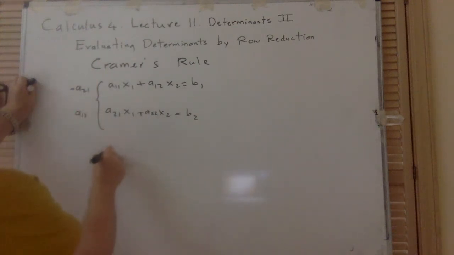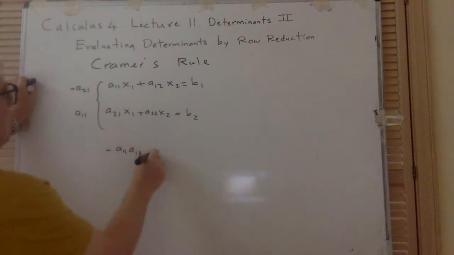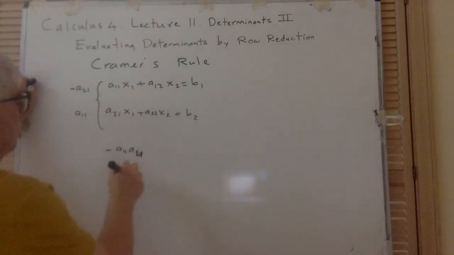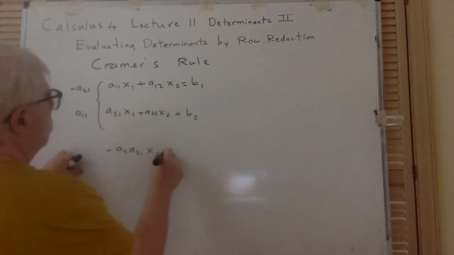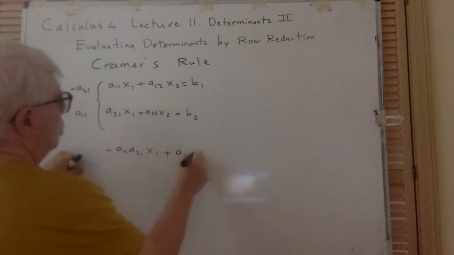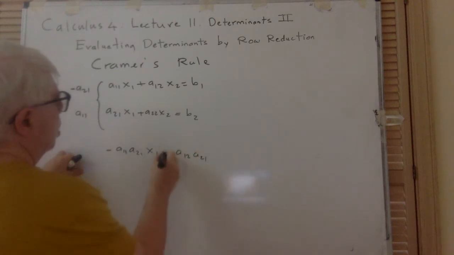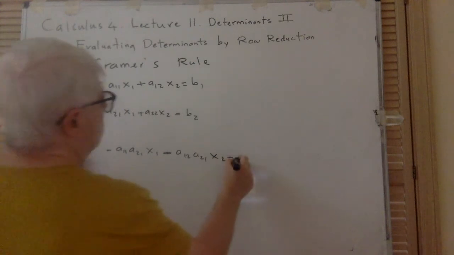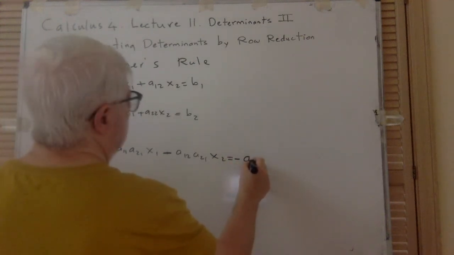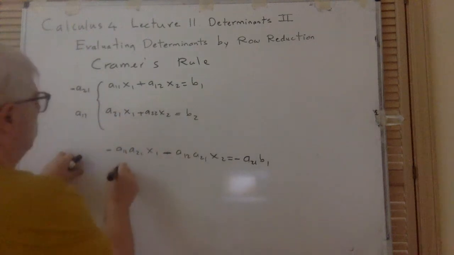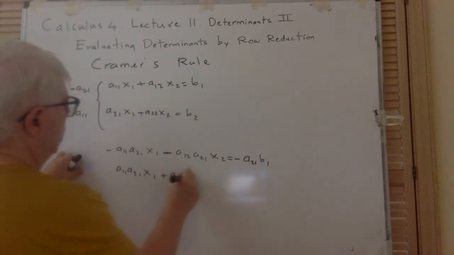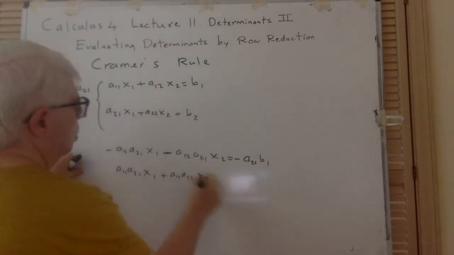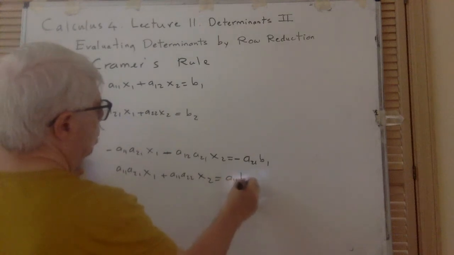So I have minus a11 a21 x1 plus a12 a21 x2 is minus a21 b1, and this will be a11 a21 x1 plus a11 a22 x2, and this side is a11 b2.